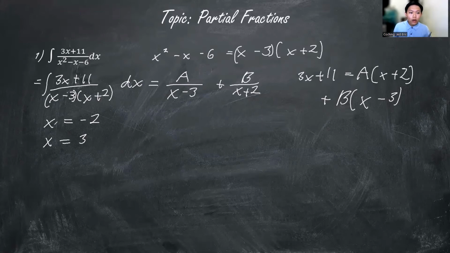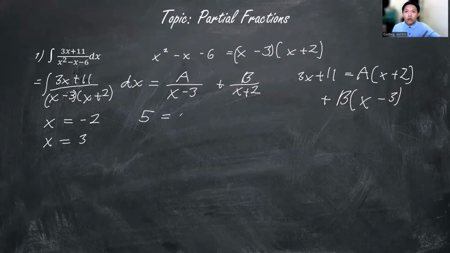And now we can substitute these values into the initial equation. So 3 times negative 2 is negative 6, plus 11 is equal to 5.